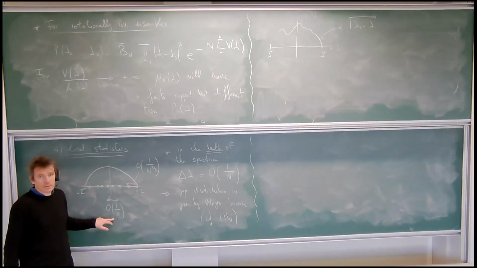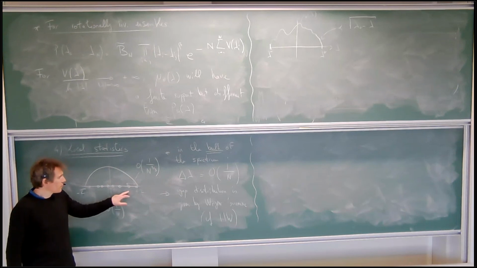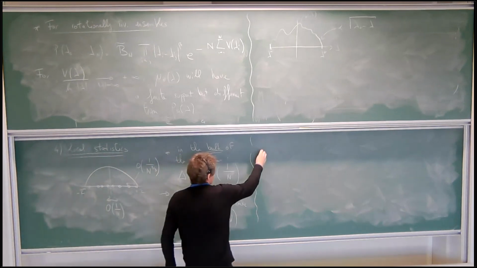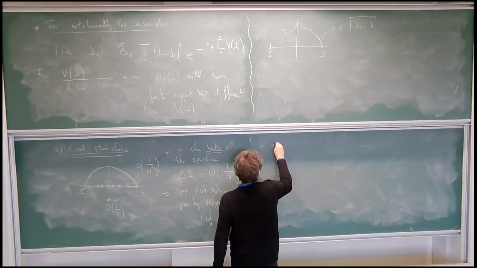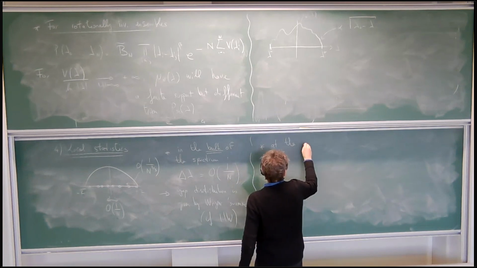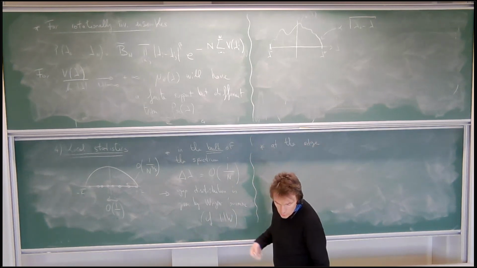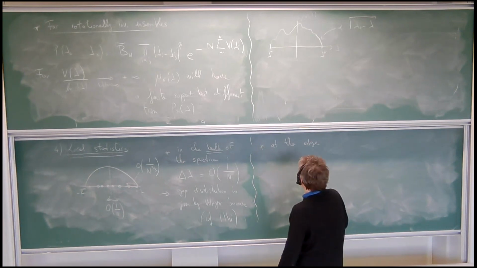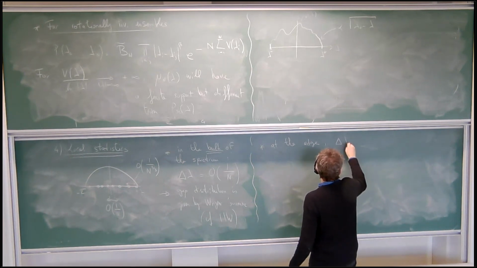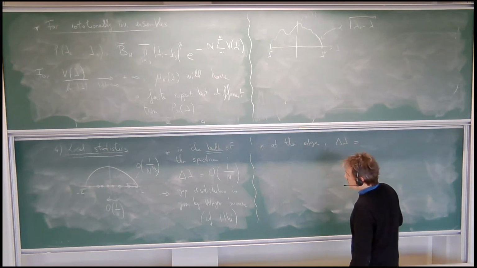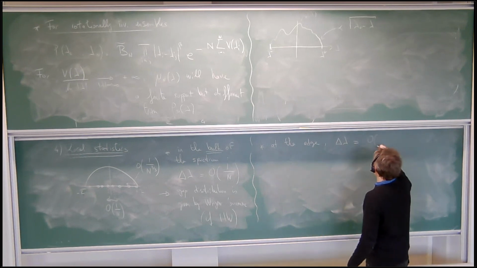And that defines the edge of the spectrum. At the edge, things are much more complicated, and the interparticle distance delta lambda is given by 1 over N to the power 2/3.